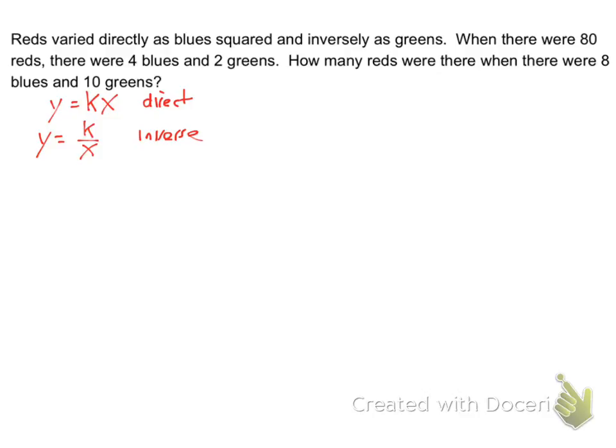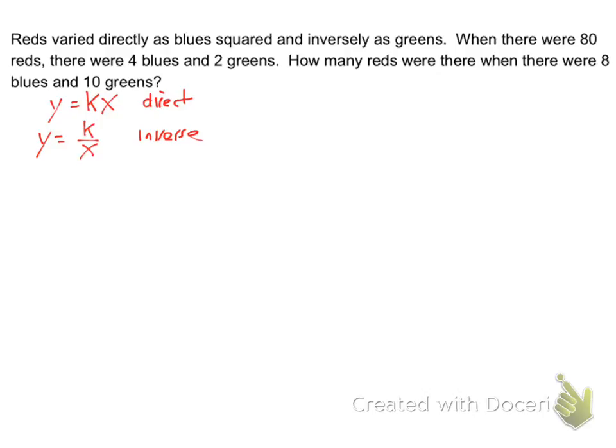As x gets larger, y will get smaller. As x gets smaller, y will get bigger. It does the opposite, right? Inversely related. So you need to know those two equations, and unfortunately the fact that you can mix them to do this problem.